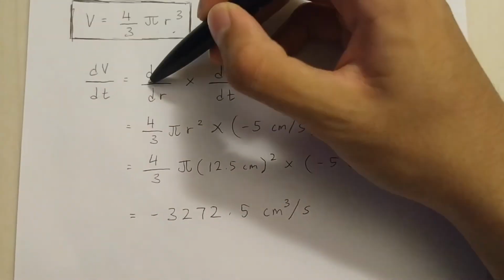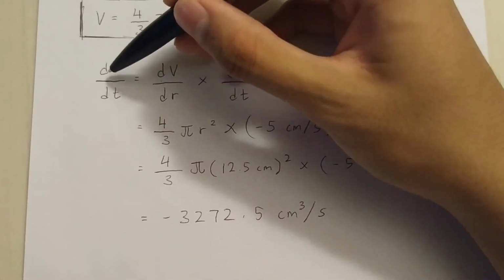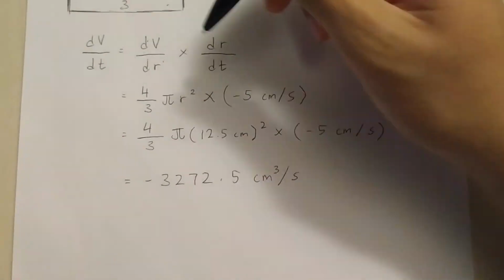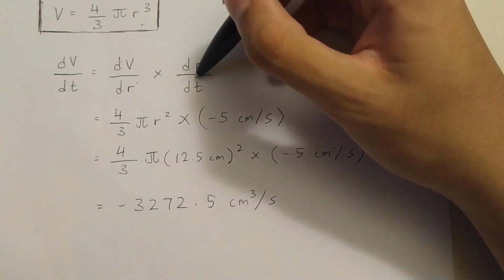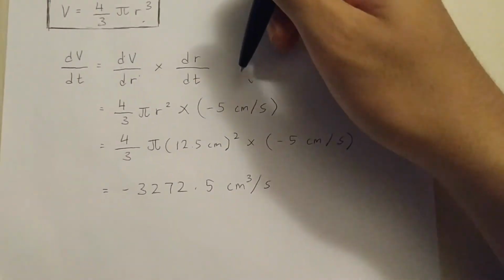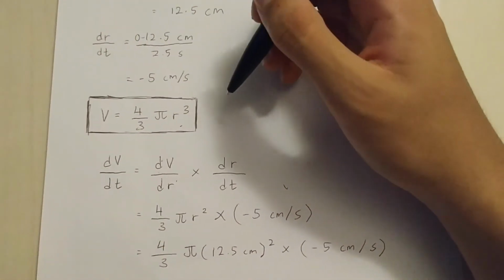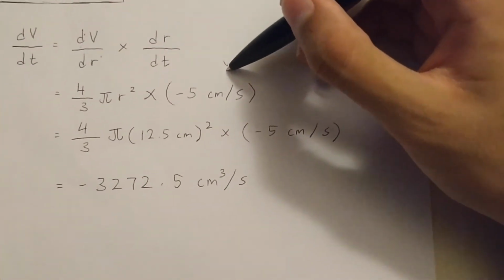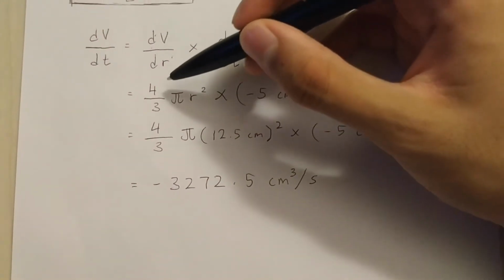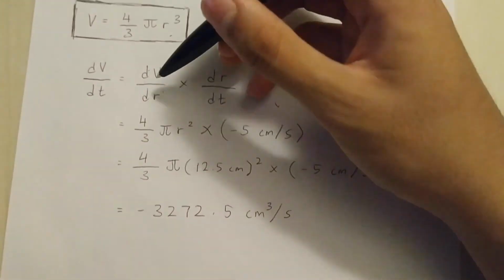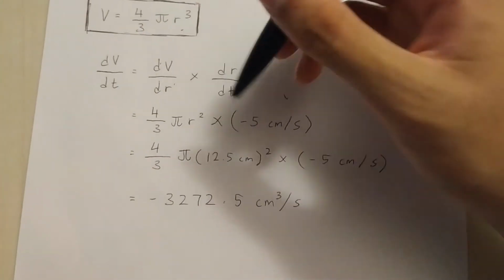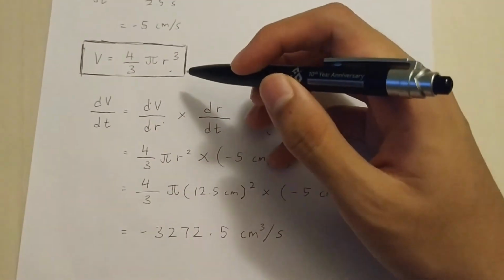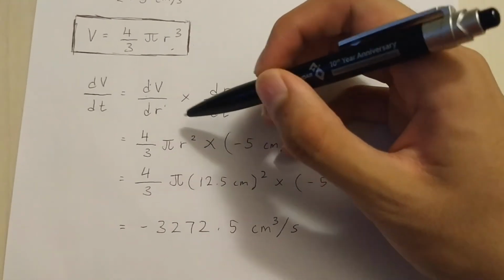To find the rate of change of volume, which is dV/dt, we need to multiply dV/dr and dr/dt. We already have dr/dt, which is the rate of change of radius, and the value is negative 5 cm per second. Since this is dV/dr, the r becomes r squared instead of r cubed, because we differentiate with respect to r.